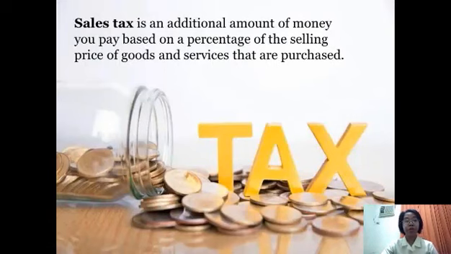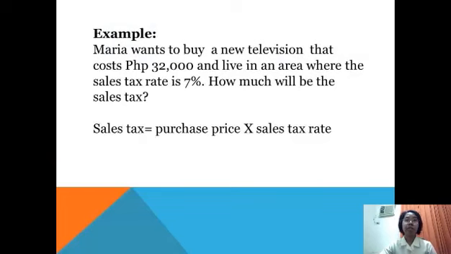So for us to further understand how tax works, here is an example. Let us say that Maria wants to buy a new television that costs 32,000 pesos and lives in an area where the sales tax rate is 7%. So how much will be the sales tax? To compute the sales tax is equals to purchase price multiplied by the sales tax rate.